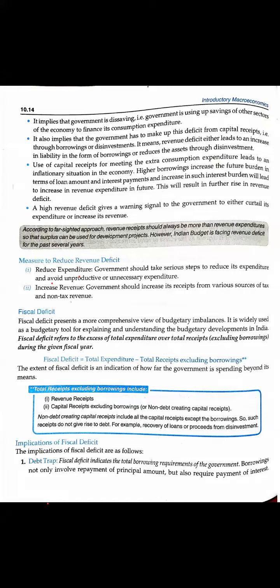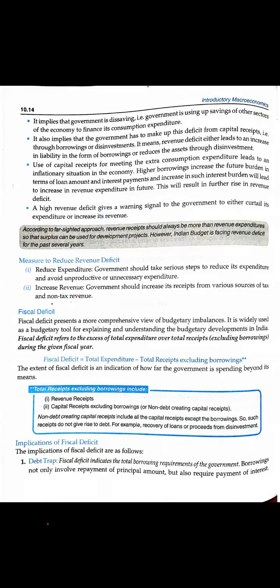For example, the salary of the minister will be reduced, and other allowances like car, bodyguards, quarters. The unwanted expenditure, we have to reduce. That is what the government has to do first of all, or else they need to increase the revenue. What are the sources they can use to increase the revenue? That they have to identify. If the government fails to do so, then it will be a very critical situation for the government. So these are the implications of revenue deficit.